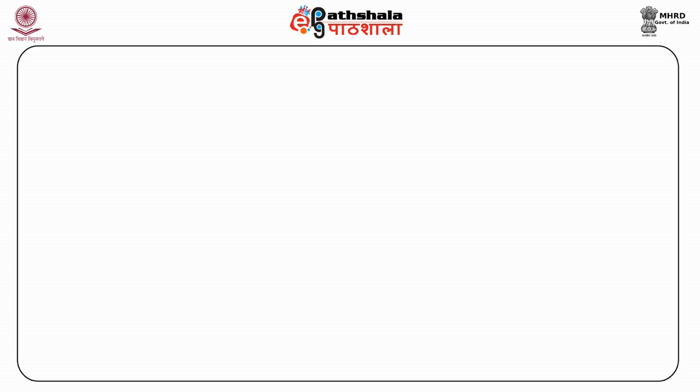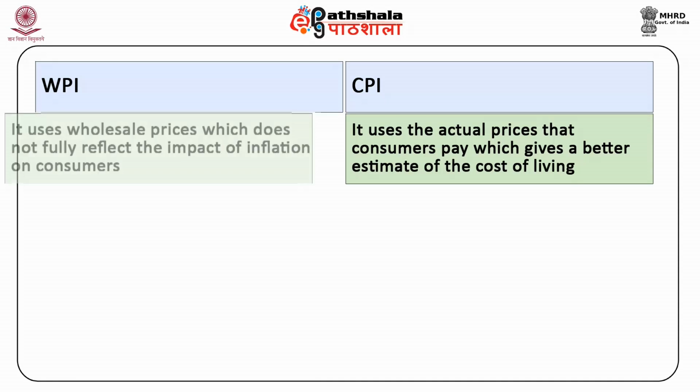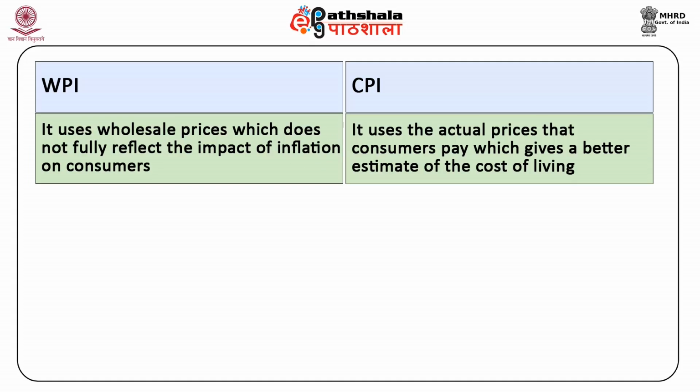Of the two, CPI is used by other countries as it is an appropriate measure for a number of reasons. First, CPI uses the actual prices that consumers pay, which gives a better estimate of the cost of living, whereas WPI uses wholesale prices, which does not fully reflect the impact of inflation on consumers.